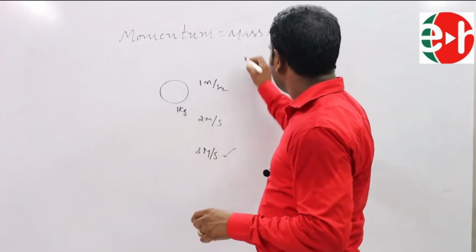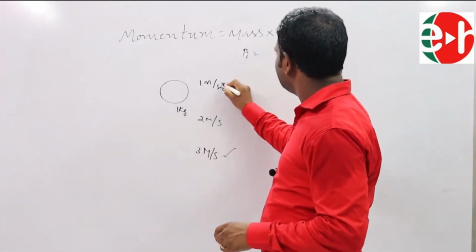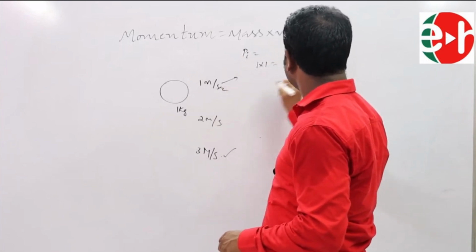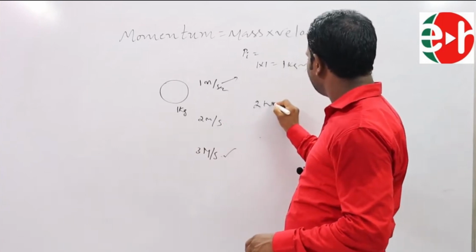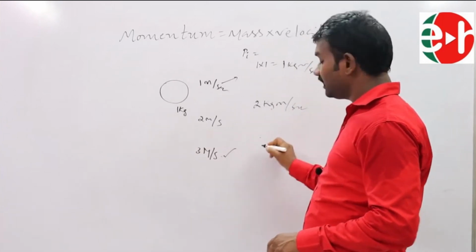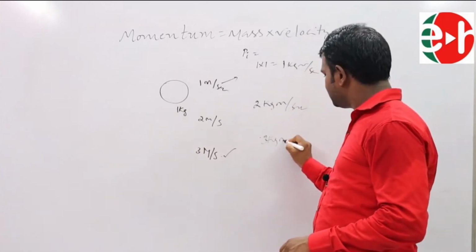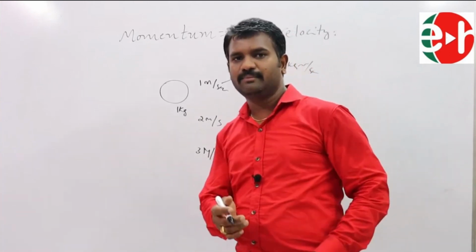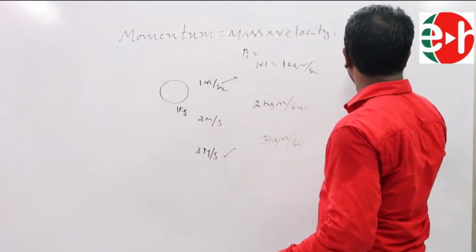So what happened here? What is the initial momentum? In this case, 1 into 1, that is equal to 1 kg meter per second. In the second case, it is 2 kg meter per second. In the third case, it is 3 kg meter per second. Imagine that it comes to rest after hitting you. So final momentum is 0 in all the cases.